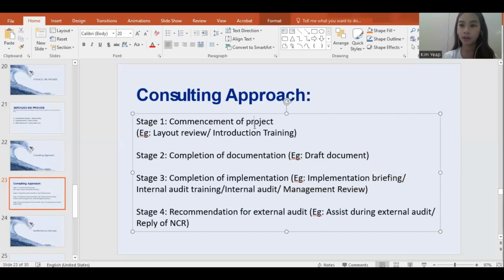After the training, it's followed by helping them draft the documents. After drafting the documents, having a document is not enough, they need to implement. After implementing, they need an internal audit. But before that, they do not know how to do it, so they need another training. After internal audit, they need to do management review.